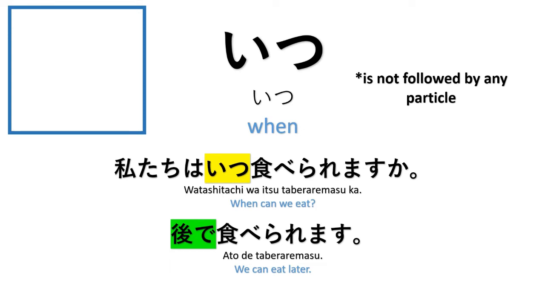Okay? So it is written as is without any particle. But when we are answering like today or any particular time, of course, we must use the appropriate particle. So it is just when using itsu that we do not add any particle at all.